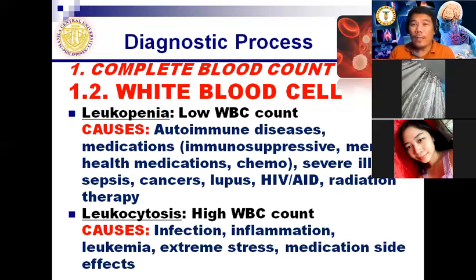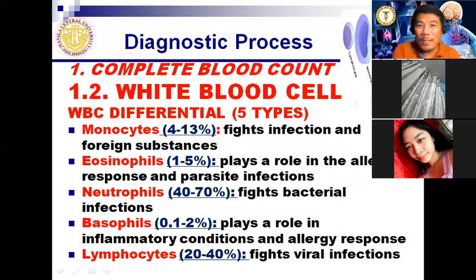So the next question is, there is an increase in WBC. We're thinking of infection, inflammation, but what type of infection? What specific inflammatory concerns are being addressed if we have this result? So that's why we have what we call the WBC differential count.